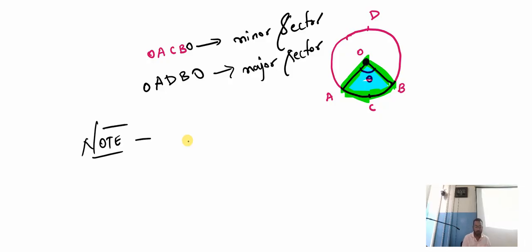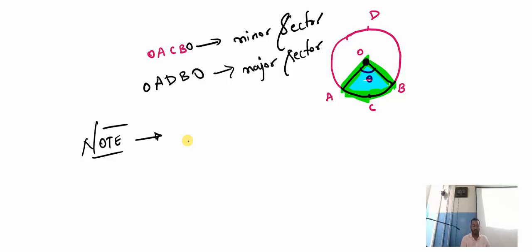Sector of a circle is also called minor sector of a circle.